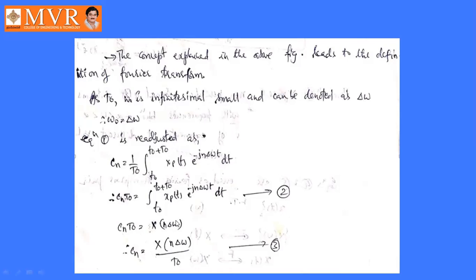So here it is nothing but x of n delta omega, or Cn equal to x of n delta omega by T naught. That is equation number 3.